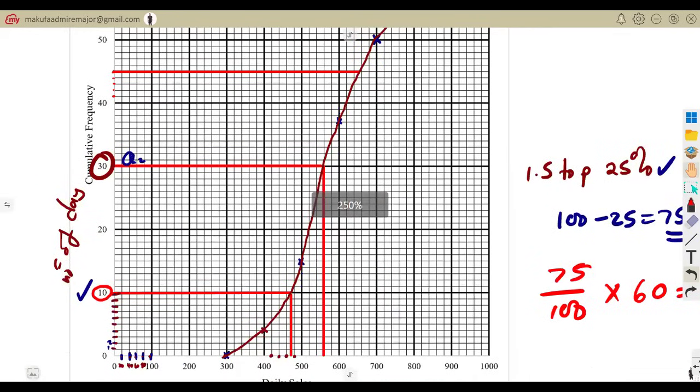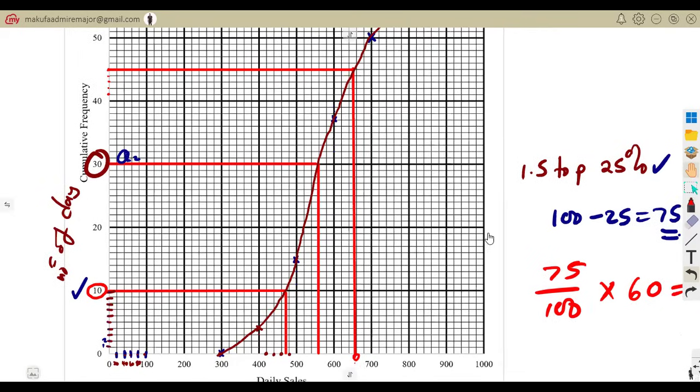You must draw a line from this point where it is intersecting, going down. So you take the value corresponding there, guys, which was approximately 650. That was the value that you're going to obtain, 650.